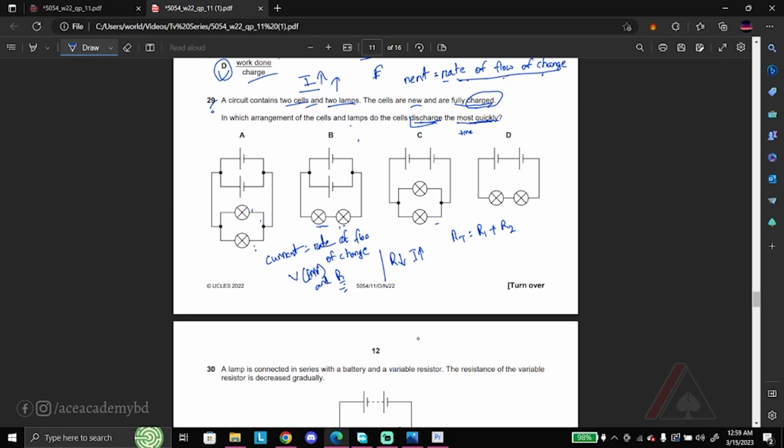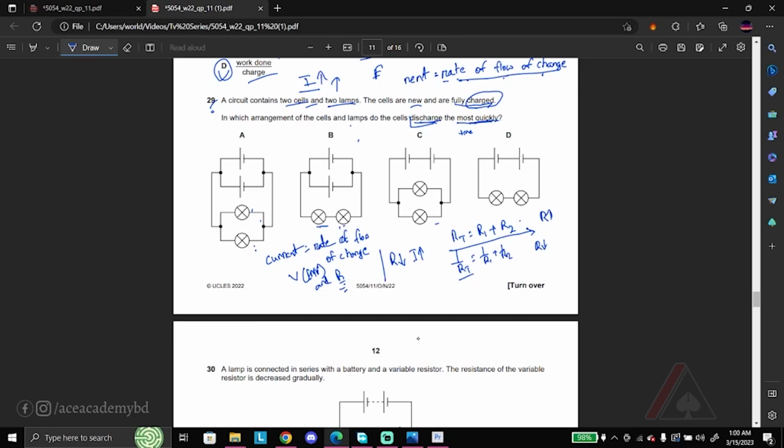In a parallel connection, it's a different formula: we first add the inverses of the resistances, and then invert the result to get the total resistance. It's not difficult to notice that series connections usually have higher resistance than parallel connections.